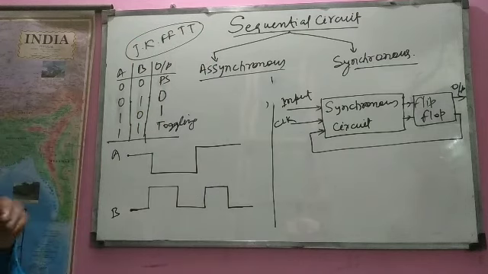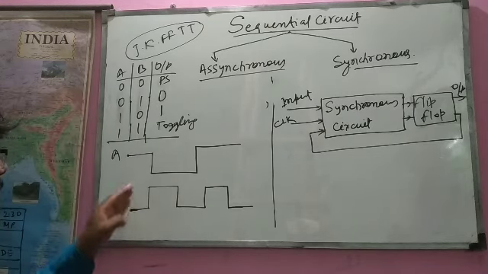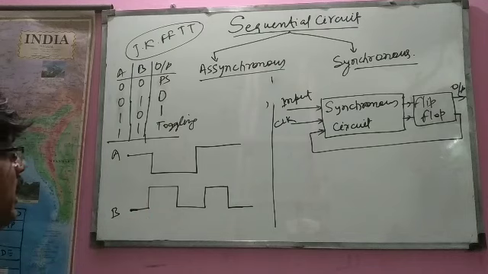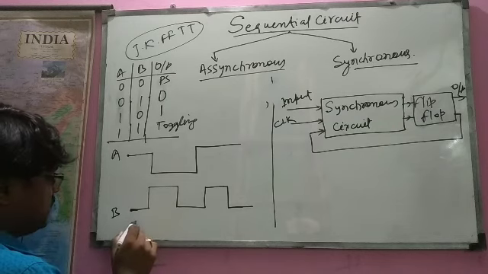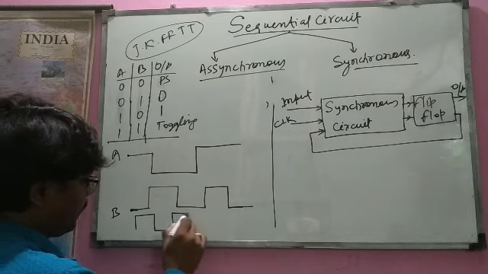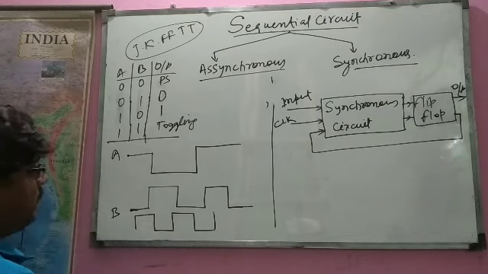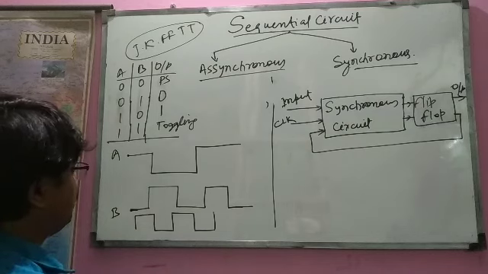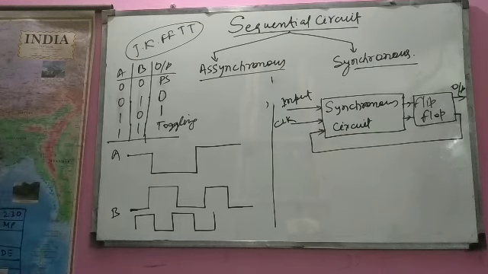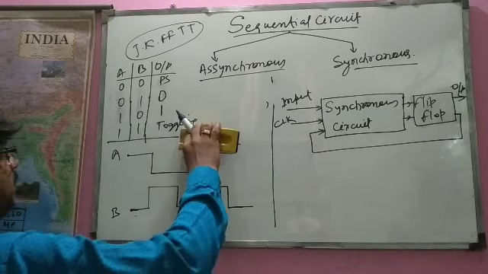Okay, so let us suppose one JK flip-flop has this clock and another does not have a clock. So let us suppose this is your clock. Where can we draw the output? Let us suppose we make the clock on the upper side.